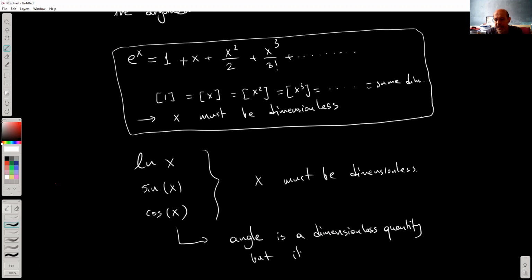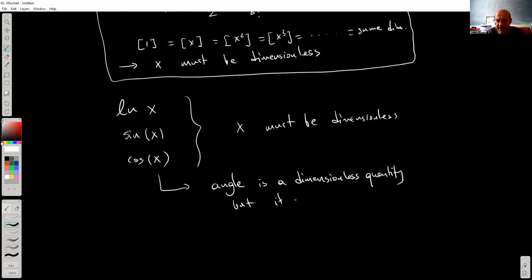But it can be expressed in different units. For example, 90 degrees is the same thing as pi over 2 radians.